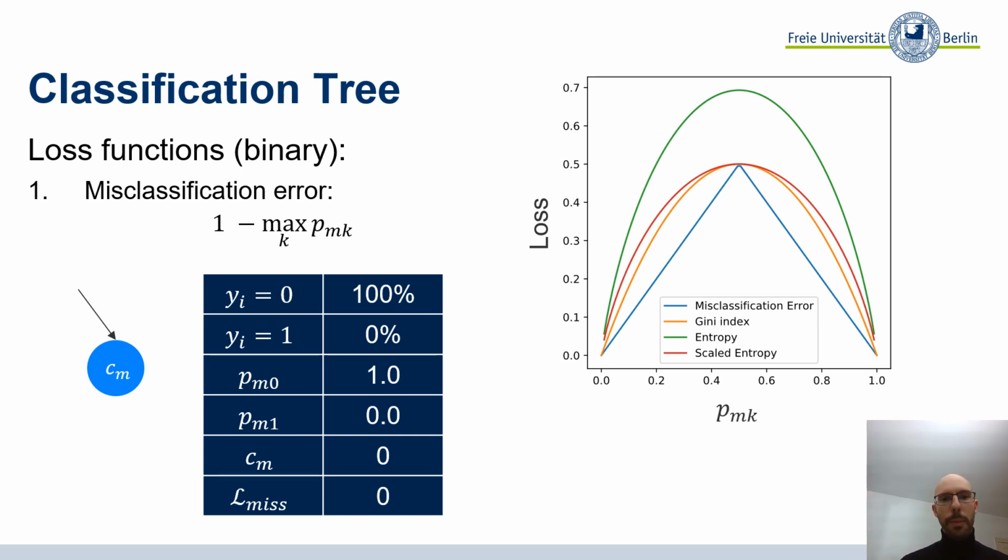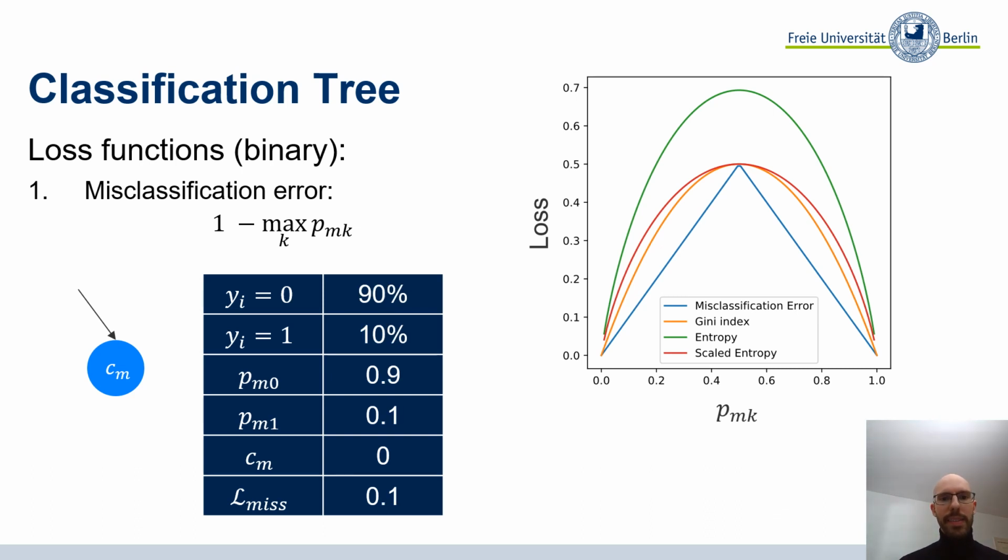The proportion PM1 is going to be 0. Since 100% of the training data has the label 0, the majority vote is going to be 0, and thus our node M is going to get the prediction constant CM equals 0. And since all of our training data has the right label 0, the loss for the misclassification error is also going to be 0. So this is where we start off.